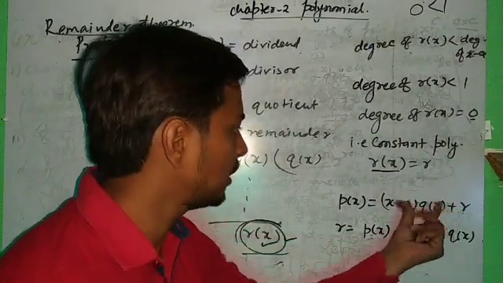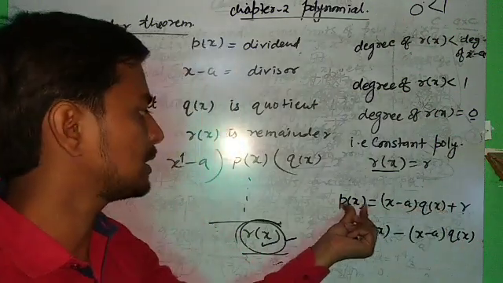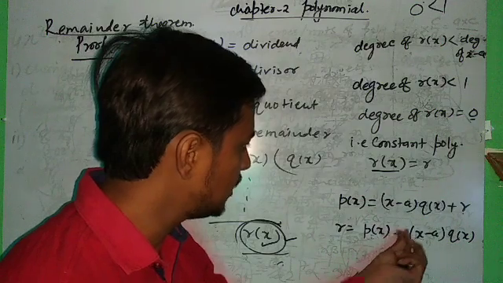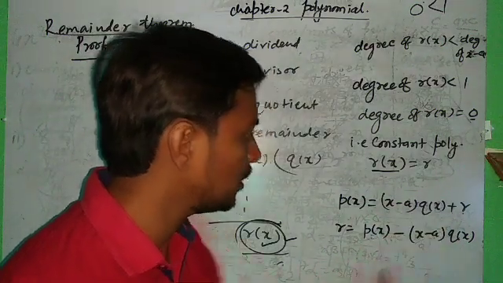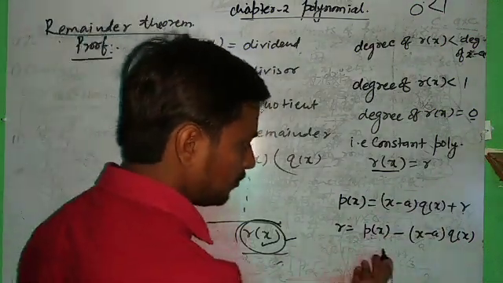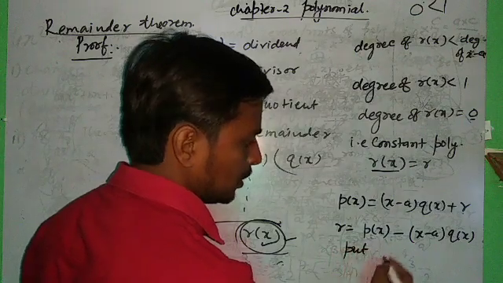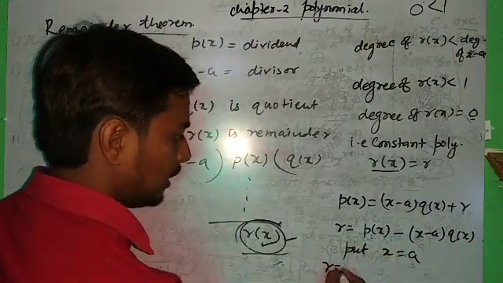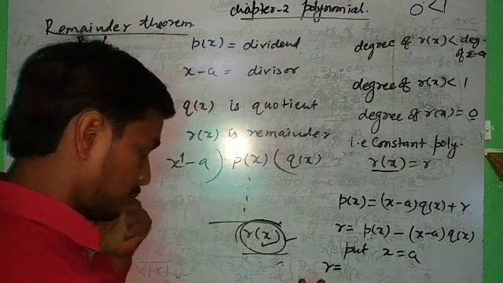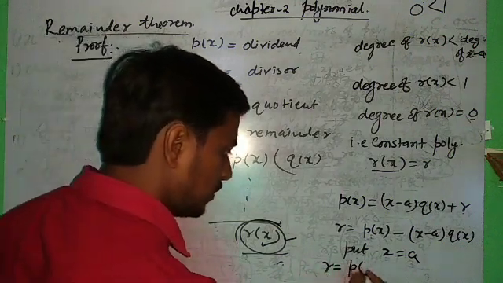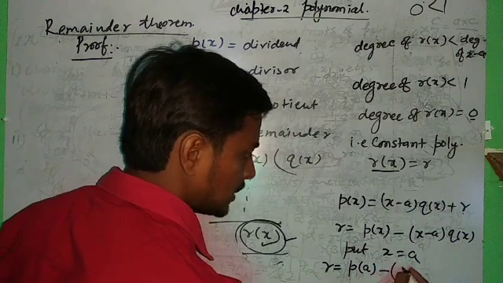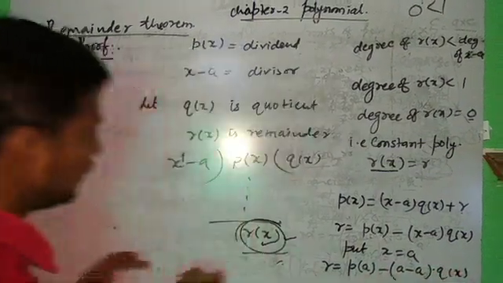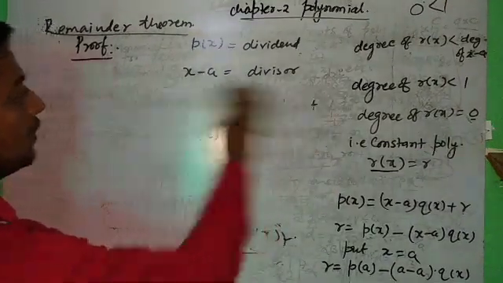Now put x equal to a. So what will we get? Here there is no x, so this will be r. This will be p(a) minus a minus a into q(a). So we will solve here.